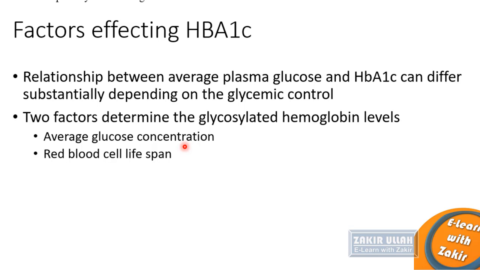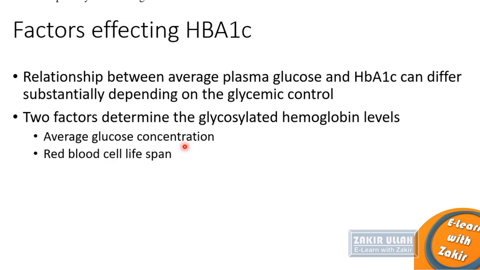The first is the average glucose concentration, and the second is the red blood cell lifespan. If the average blood glucose concentration increases, the HbA1c level also increases, and if it decreases, the HbA1c level also decreases.